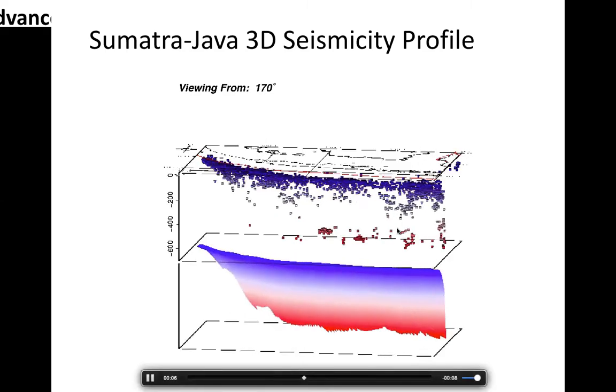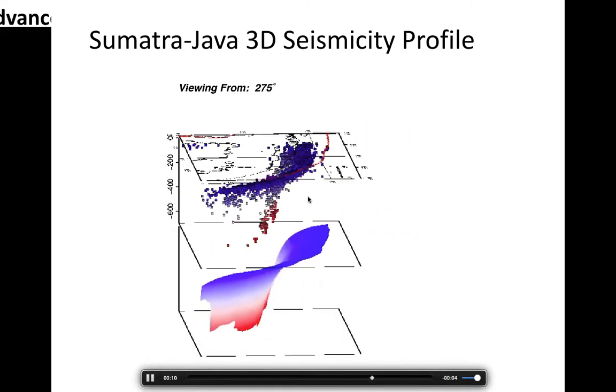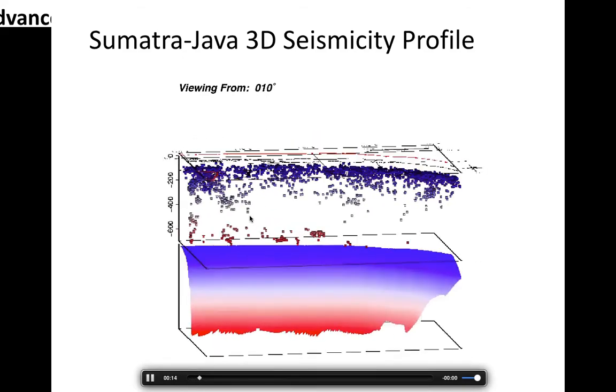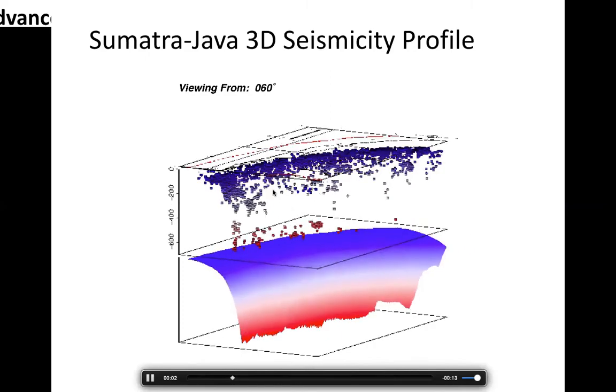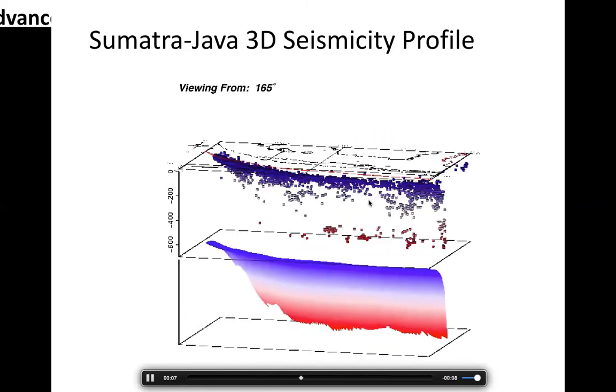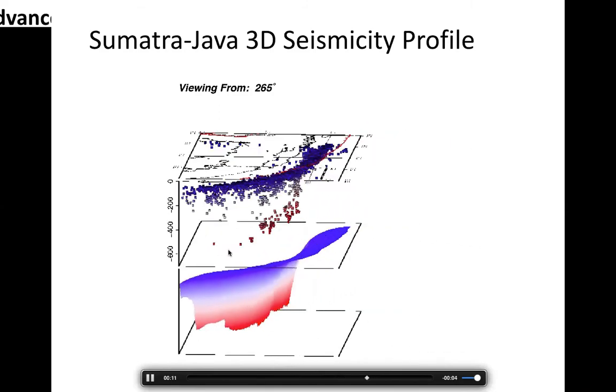It's just striking how many aseismic sections are present. The seismic hole beneath East Java has tomography evidence to back it up, whereas over here it's not nearly as clear.